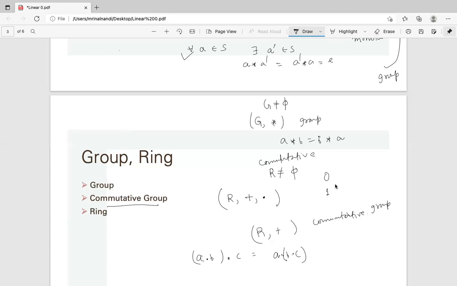But remember, this zero may not be our zero and this one may not be our one. This one may be 5, or zero may be minus 3. This is just notation 0, not the zero we studied in class 2 or 3. So 0 stands for the additive identity, and 1 stands for the multiplicative identity.